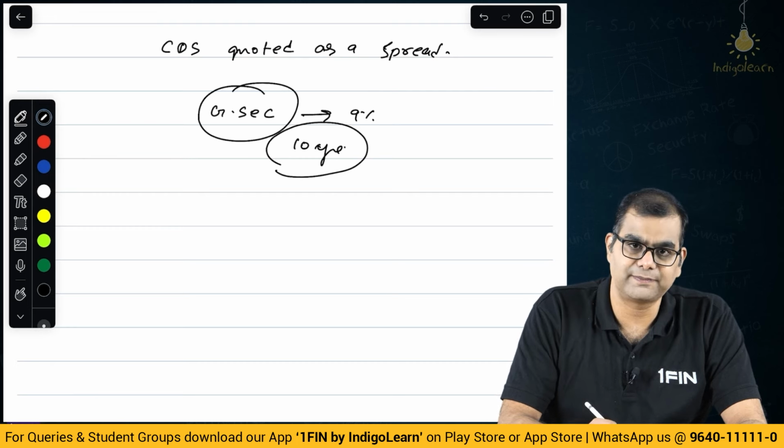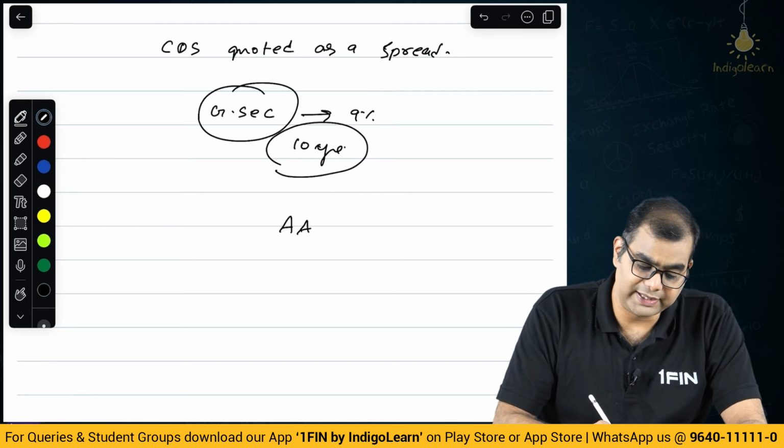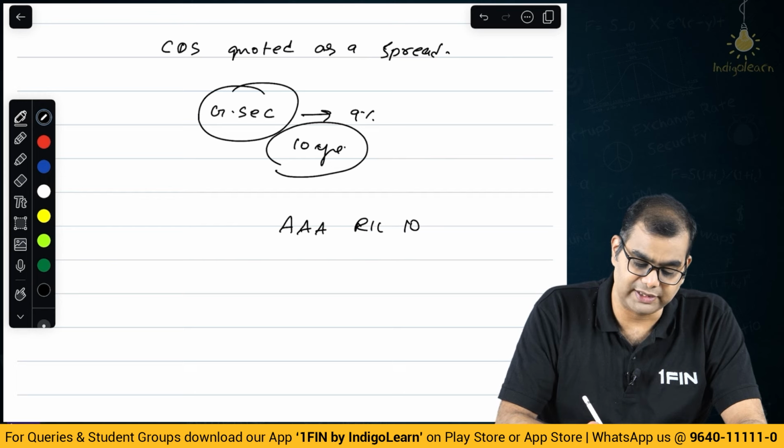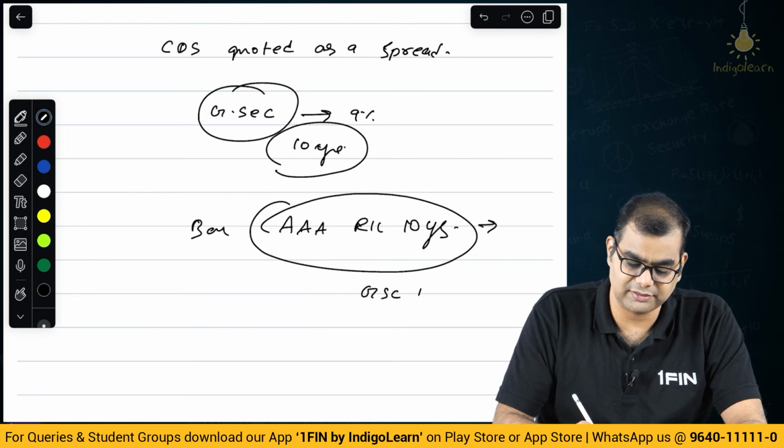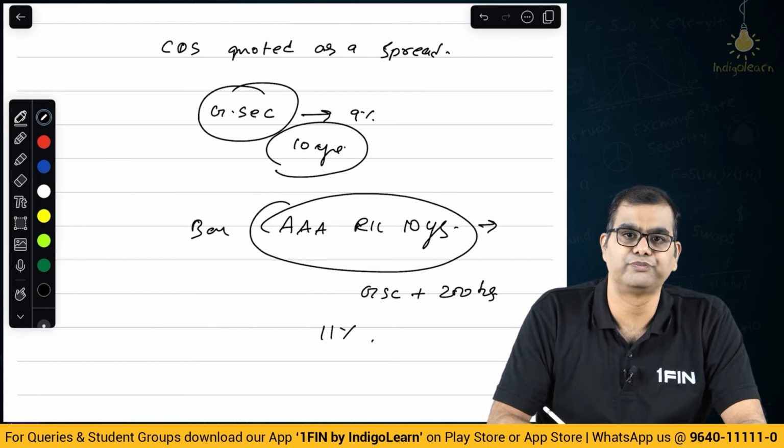So, a normal 10-year RAL bond, AAA rated, is at a spread of GSEC plus 200 bips. So, the interest rate is 11%.